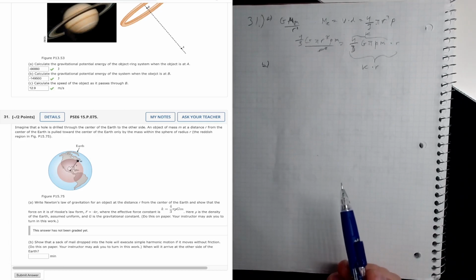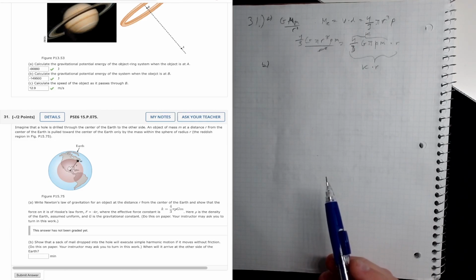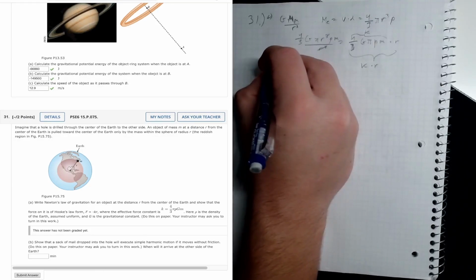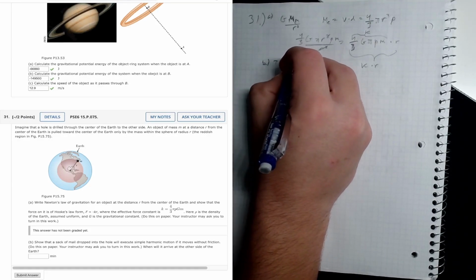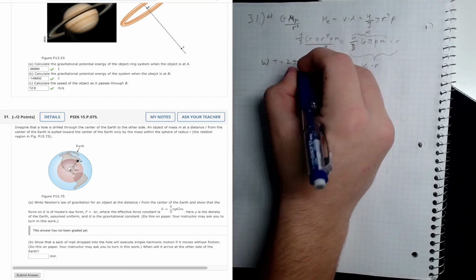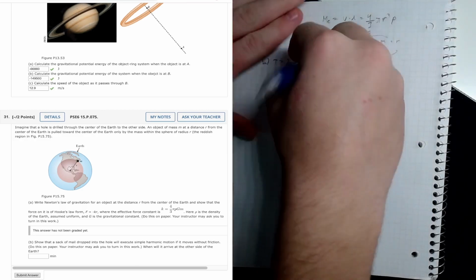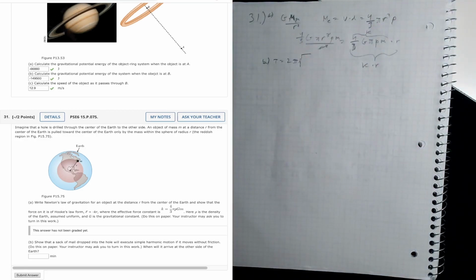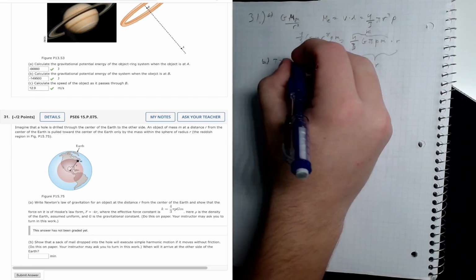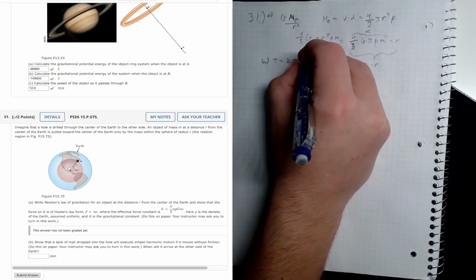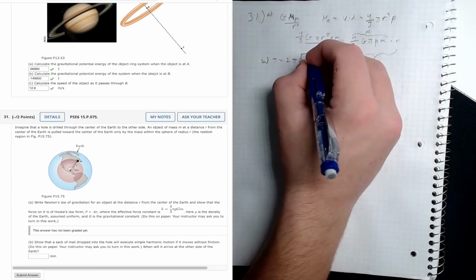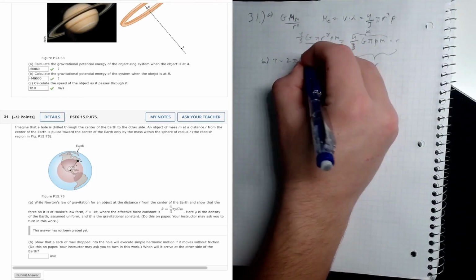For the next part, I think I can solve it. When will the sack of mail arrive at the other side of the Earth? So, it's 2 pi times the radius over g, because of the height you dropped it from.